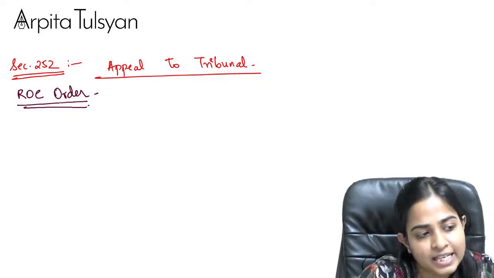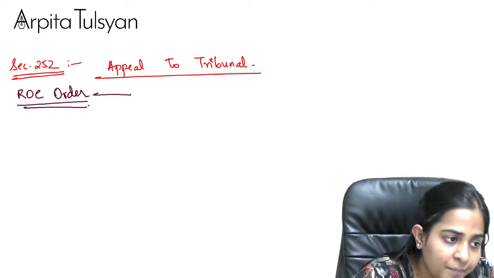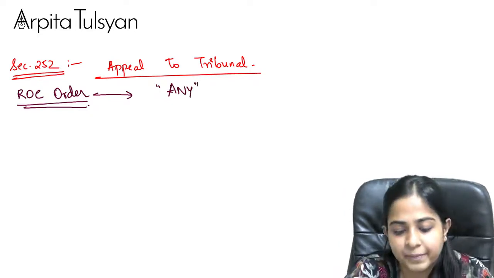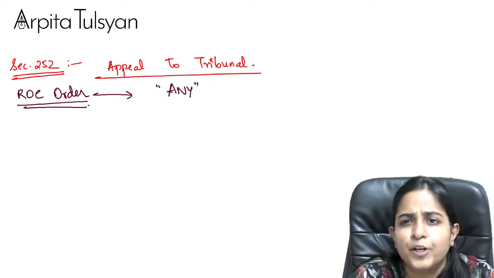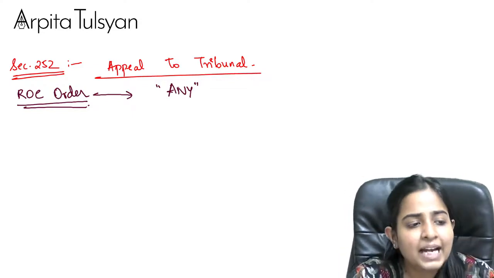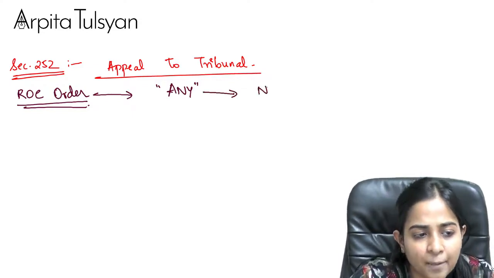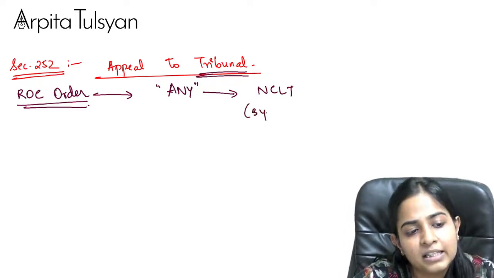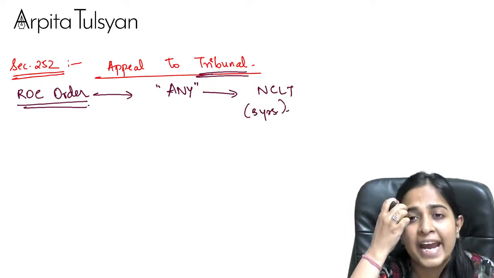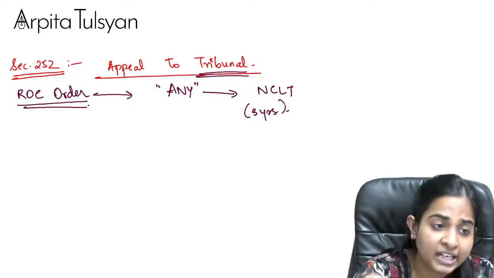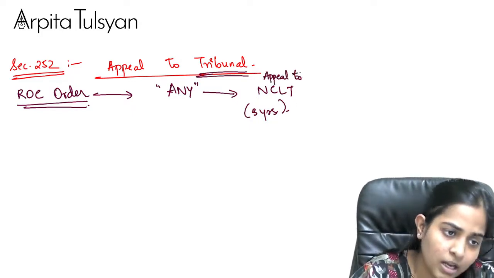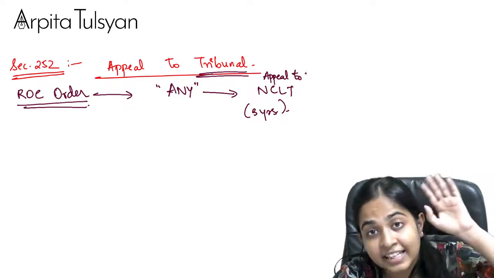Now say for example, if ROC has passed an order and if any particular person is aggrieved, that person can go and file an appeal to the NCLT, that is to the tribunal, within 3 years from the date of the order.